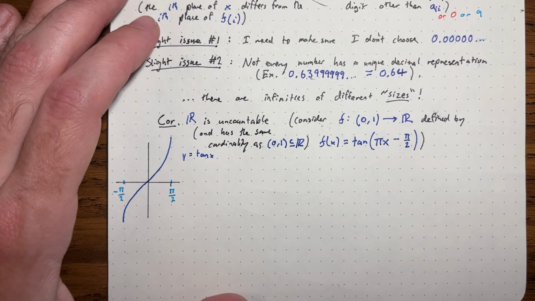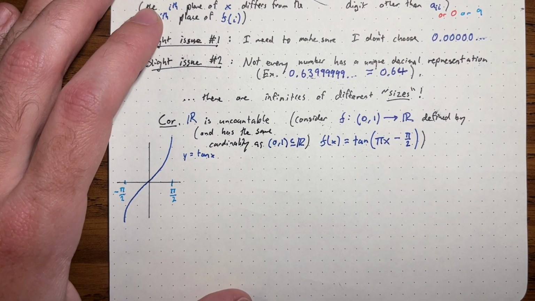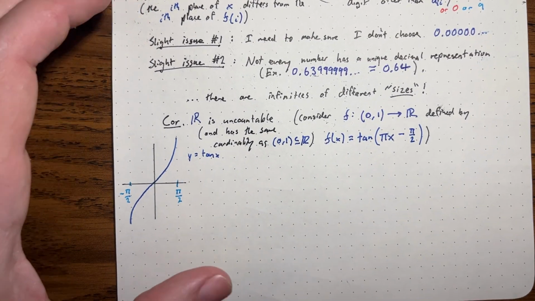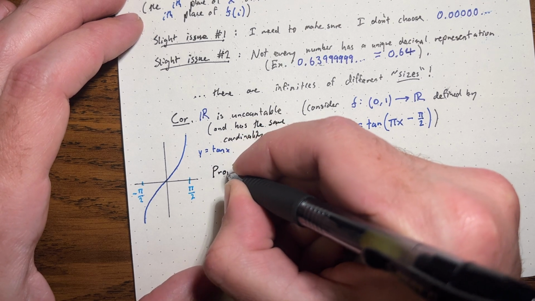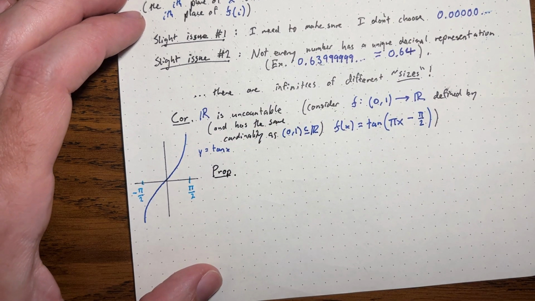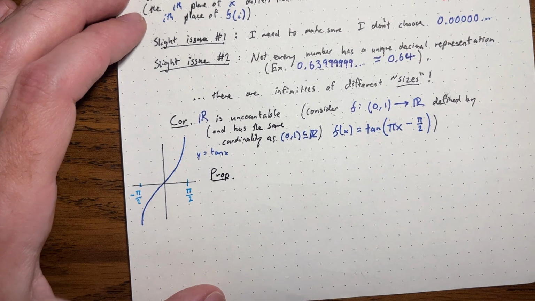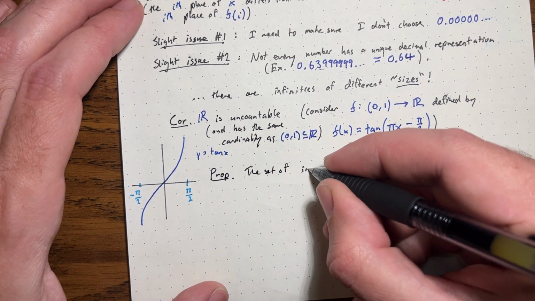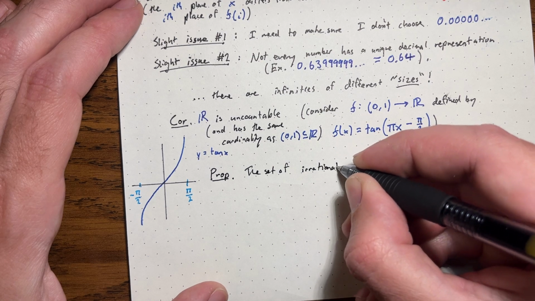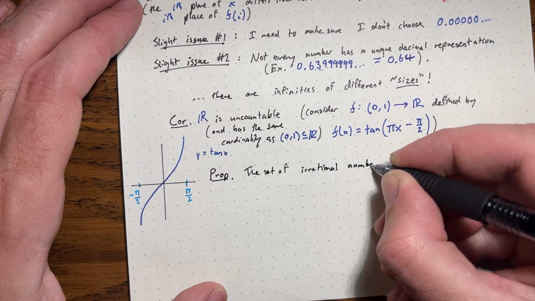Okay, excellent. And one other thing I just want to point out is the set of irrational numbers. What are irrational numbers?